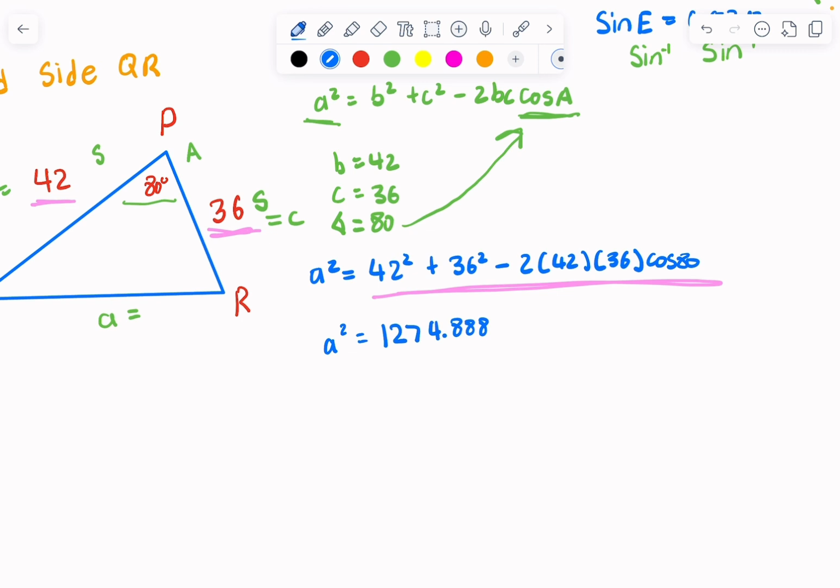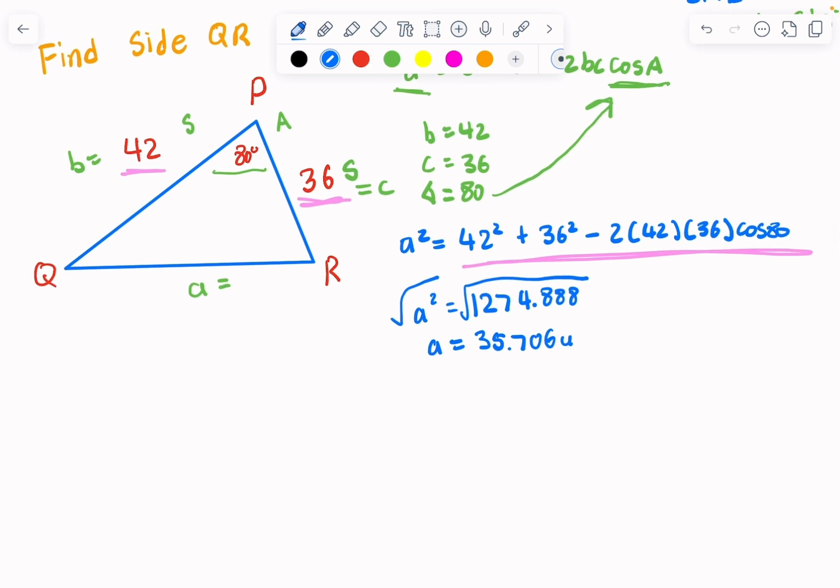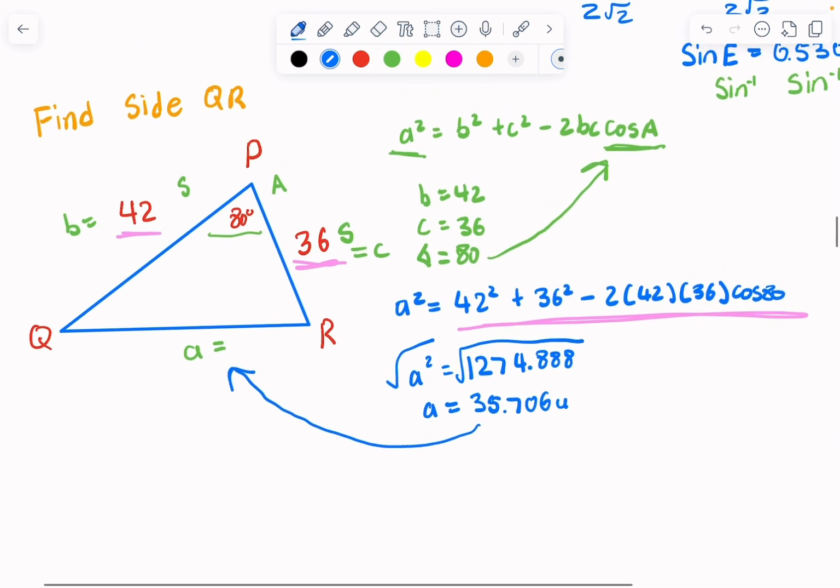You don't have to have that many decimal places, but I'm gonna do that. And now you're gonna square root both sides to get a, and you should get 35.706. If they don't give you any units, you're just gonna write u. So that right there is side QR. So you just solved for that.